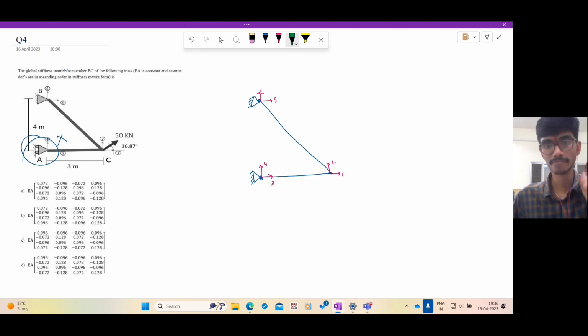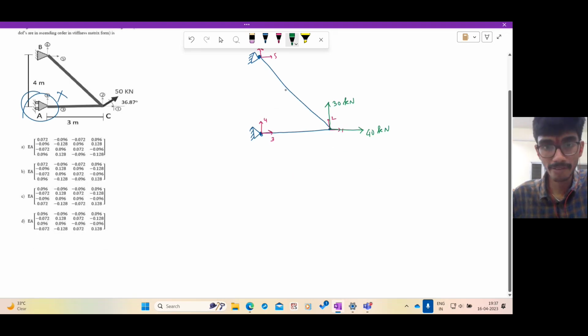So here you have 30 kilonewtons. The vertical component uses sin 36.87, which is 0.8. So this is 40 kilonewtons. This is a 3-4-5 triangle.